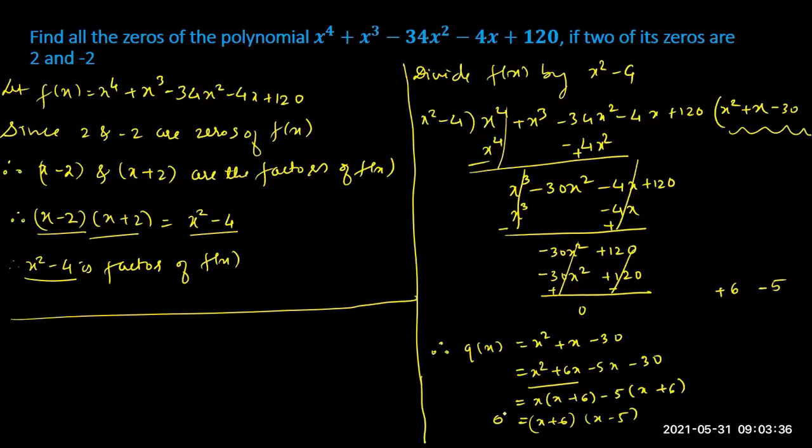So then what can I write? x plus 6 equal to 0 and x minus 5 equal to 0. x equal to minus 6 and x equal to 5.